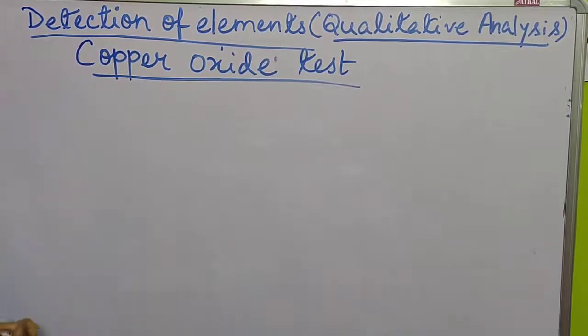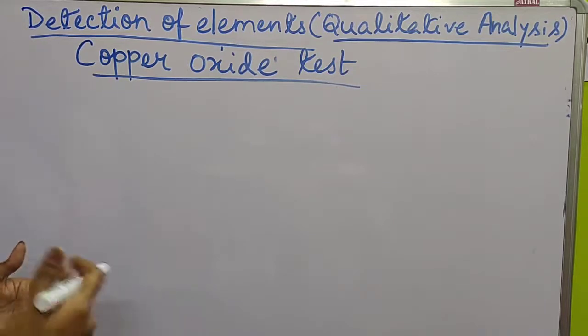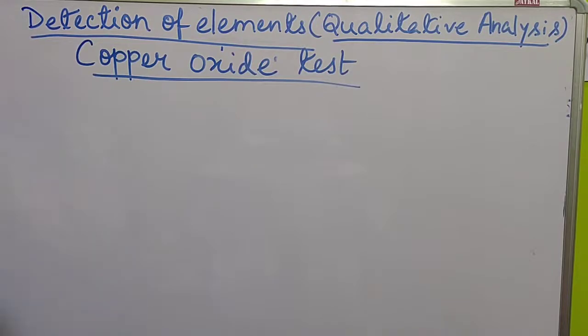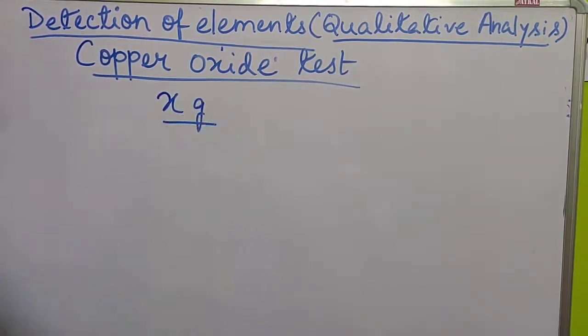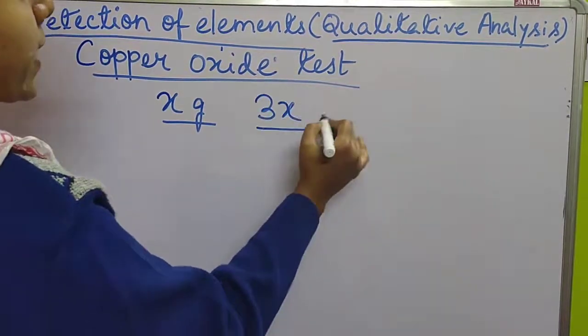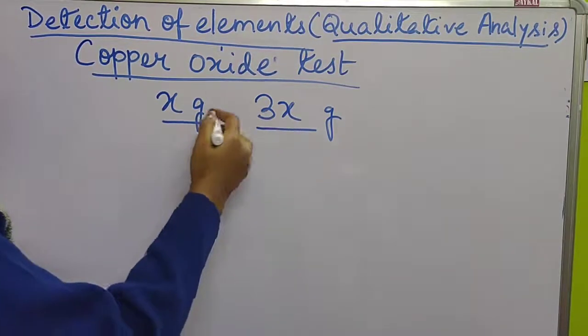In this test, first the hydrocarbon compound is taken, and copper oxide three times the mass of the hydrocarbon is taken. That means if we have taken x gram of hydrocarbon, then we take 3x gram of copper oxide, three times its weight.